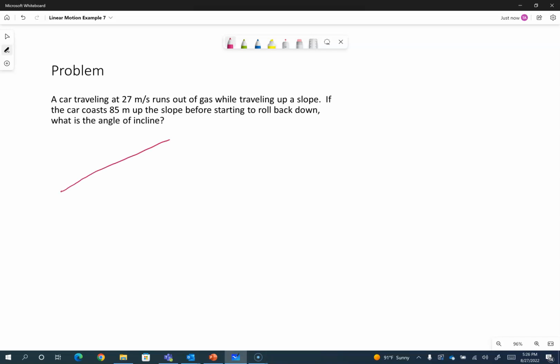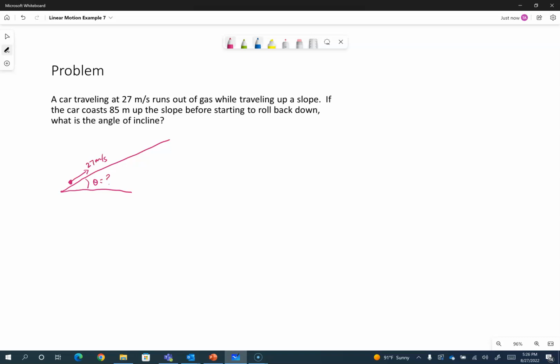So I'm going to go ahead and start a sketch. We're trying to find this angle, theta. We know at one point the car is traveling 27 meters per second.